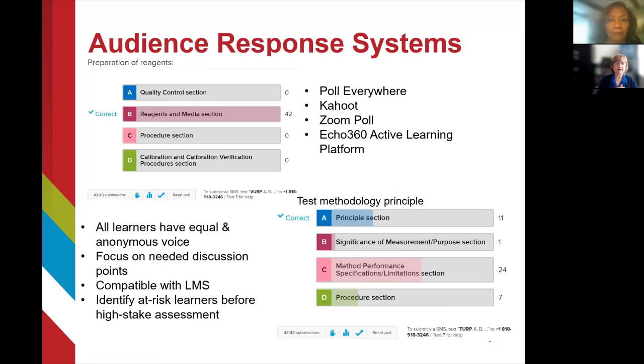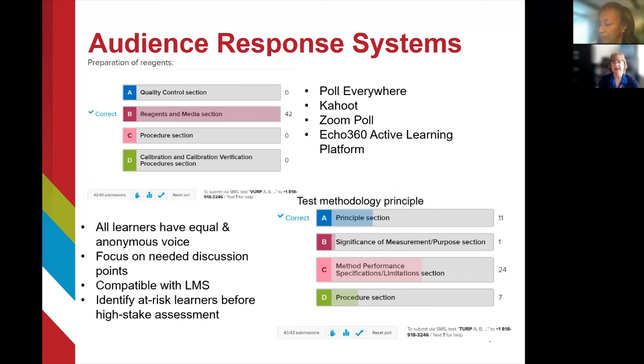It can allow you to identify at-risk learners before high-stakes assessment. So if you are doing a face-to-face classroom situation and you're asking for students to just kind of call out and answer if you ask a question, oftentimes who you're going to hear are the students that have a good understanding of the information. Those might be 20% of your class.